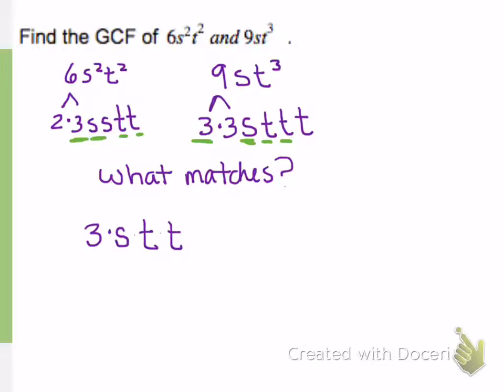And then to find the GCF, you just multiply what they have that matches all together. So that would be 3st squared. So the greatest common factor between those two monomials is 3st squared. It's the biggest factor that would divide into both of those.